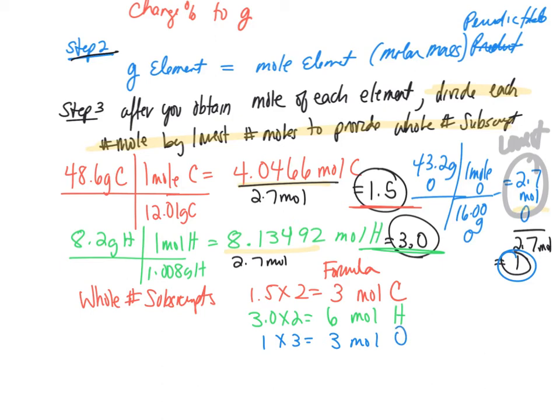And then our formula would be C subscript 3, hydrogen subscript 6, and oxygen subscript 3. And so when I look at that empirical formula, I see C3H6O3.